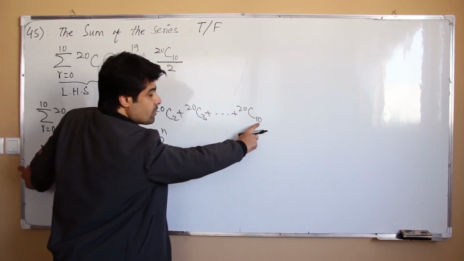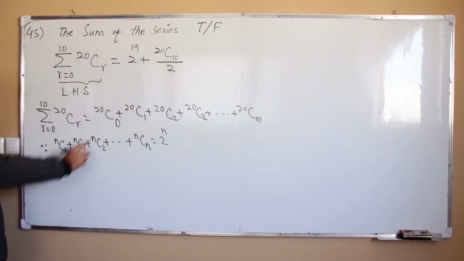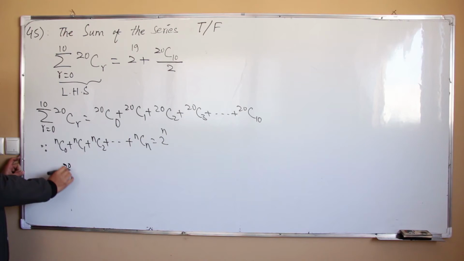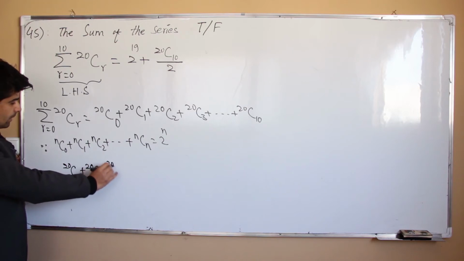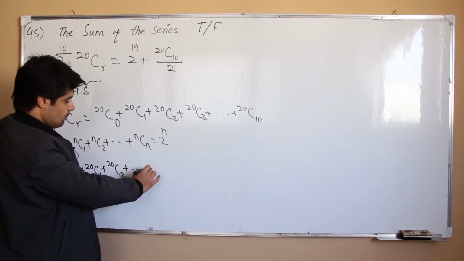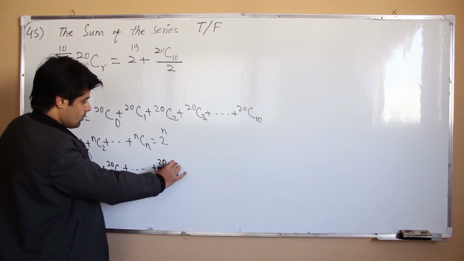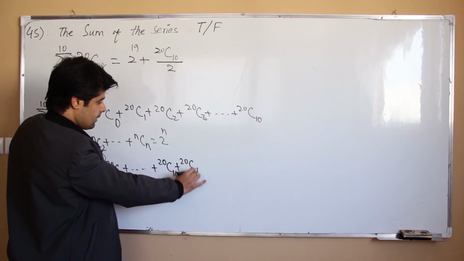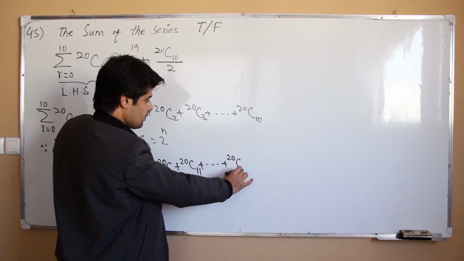If we proceed this one up to 20, then we can use this formula. I mean, can I write here 20C0 plus 20C1 plus 20C2 up to 20C10, 20C11 and 20C20?